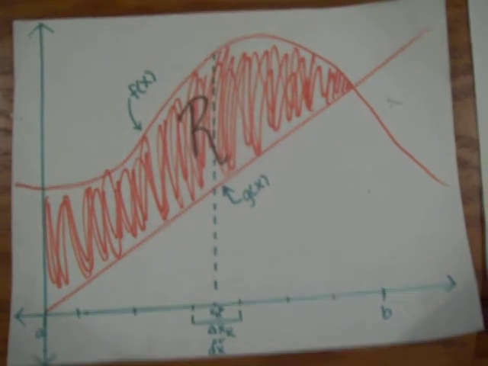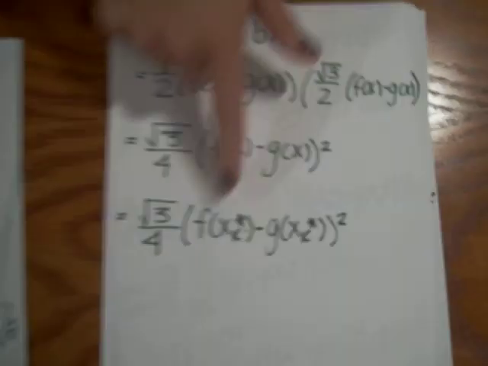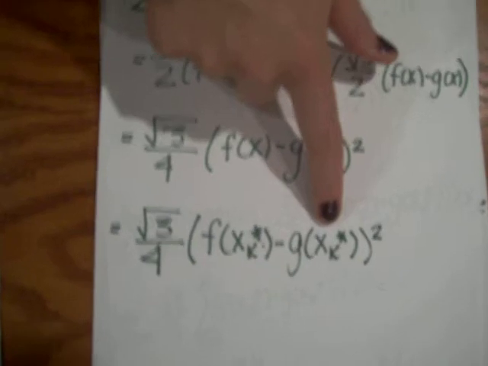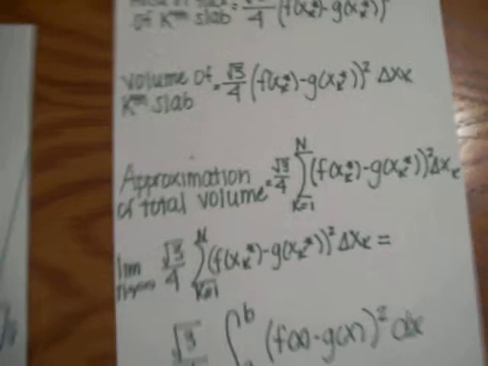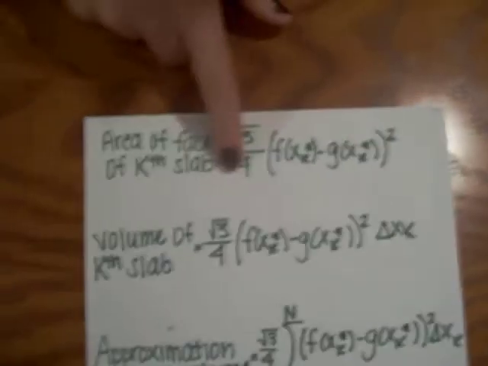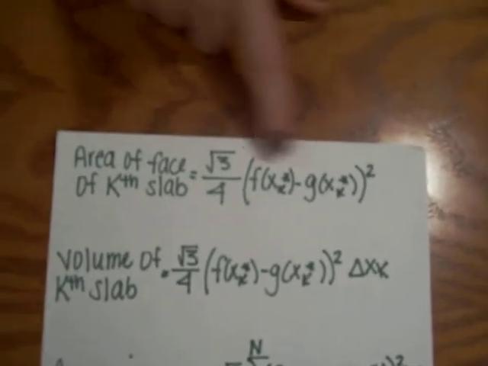Therefore, f of x minus g of x becomes f of xk star minus g of xk star. We now have yet another new equation for the area of our cross-section, or the k-th slab. Area equals root 3 over 4 times the quantity f of xk star minus g of xk star squared.